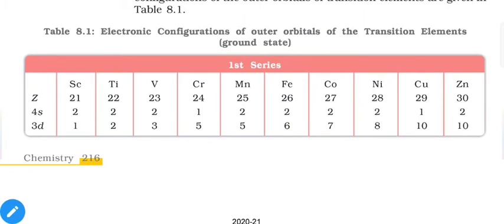But in case of zinc, we have only one oxidation state, and it is Zn2+. So in case of zinc, we do not have a partially or incompletely filled d orbital in its atomic state or its ionic state. That's why it is not considered, as per the definition, a transition element, but still we are going to study these elements with the respective other members.